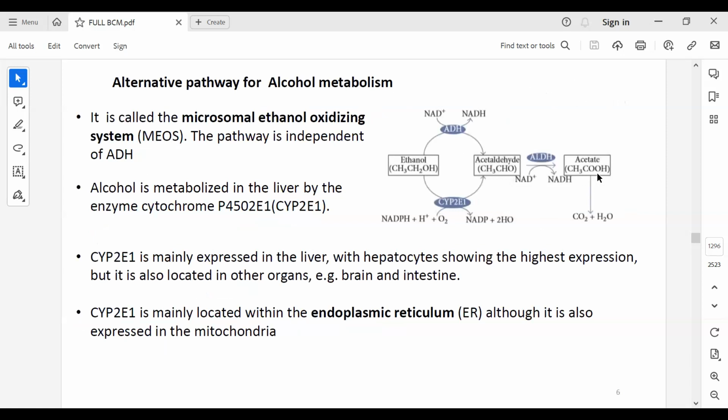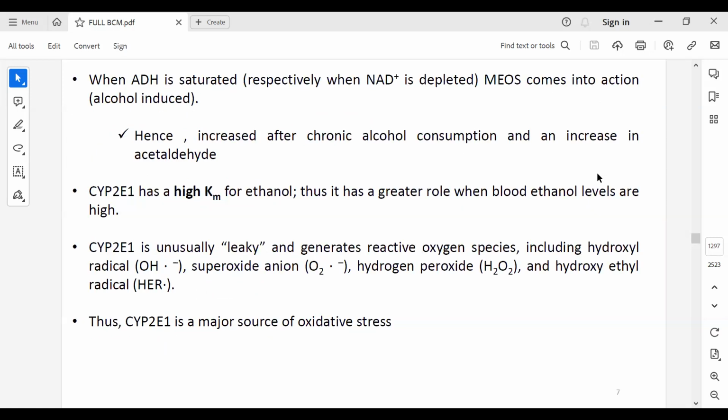An alternative pathway is where we use the cytochrome P450 in our endoplasmic reticulum to also oxidize the ethanol into acetic acid. So this is where guys who are drinking heavily, their cytochrome P450 is what is doing most of the work for them, because ADH, the alcohol dehydrogenase, must be tired.